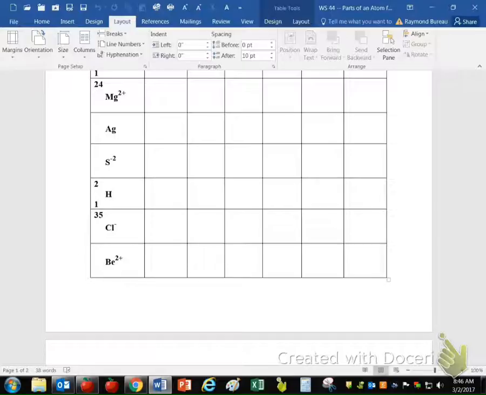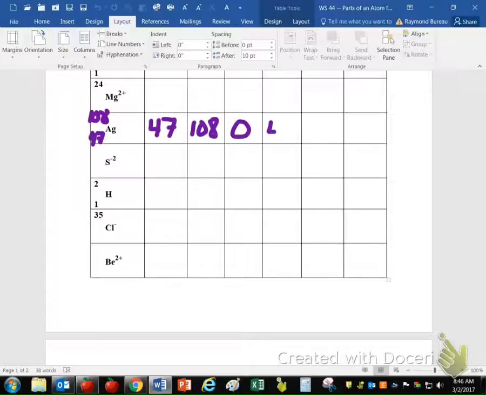Got just enough time to do 1 or 2 more. The atomic number of silver is 47. All right. The decimal, we're going to round off to the nearest whole number. So that will make the top number 108. And now we can do it. Once we know these two numbers, we can get everything else. The atomic number is 47. Mass number 108. Charge 0.